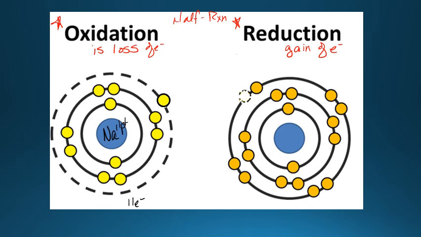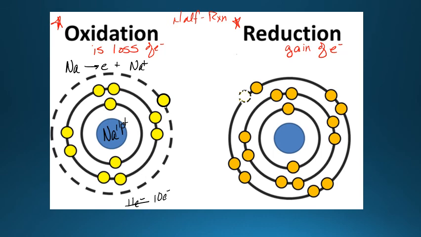It's not a big deal to you that sodium is going to lose an electron to become a sodium ion. When it loses the electron, it ends up with a +1 charge, because it ends up with 10 electrons, not 11. So 11 plus and 10 negatives ends up with a +1 charge.